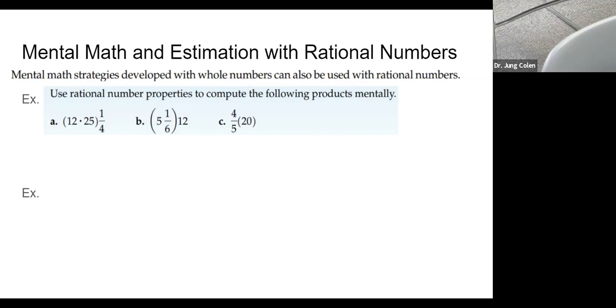I would take 5 times 6, which is 30, plus 1 over 6. Can you say that out loud? 5 times 6, so that it's an improper fraction, I would take 5 times 6 plus 1. And then that makes it easier to solve for the 12. So you're going to change this to an improper fraction. So 5 times 6 is 30, 31 over 6 times 12.